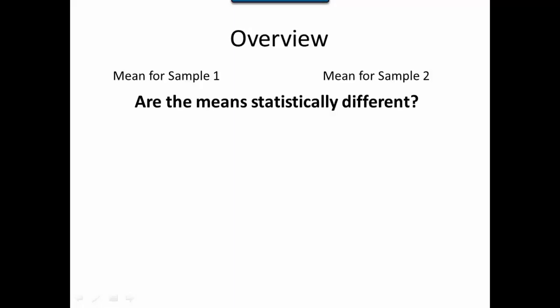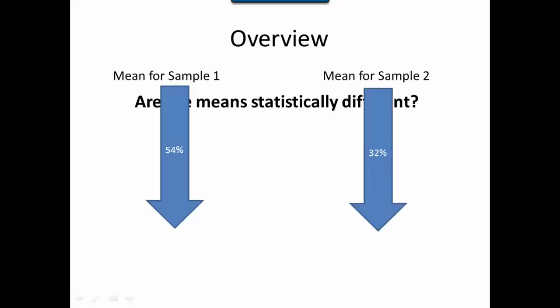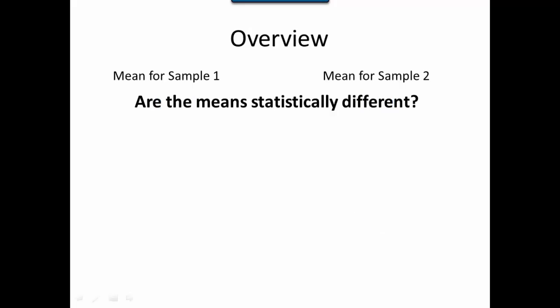So we pull our sample for the eaters and find a mean of 54%. And then we pull a sample from those who did not eat breakfast, and their mean is only 32%. Looks like we have a difference of 22% between the two means.